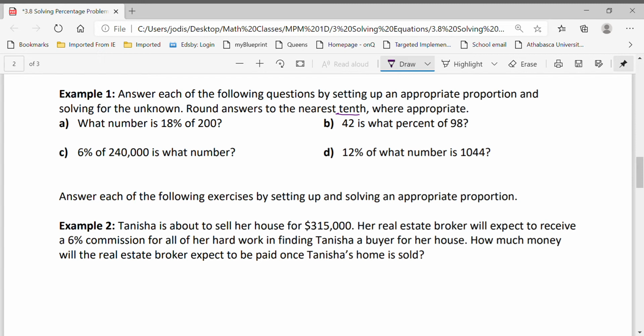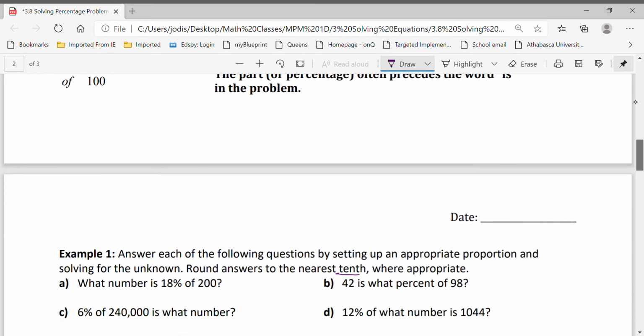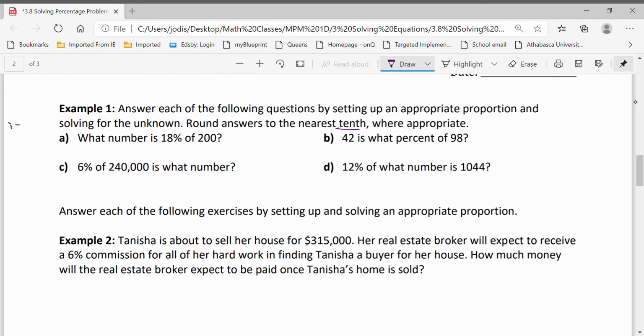These ones are pretty simple. If we remember from above, is over of is percent over 100. So I'm going to write that over here: is over of is percent over 100.